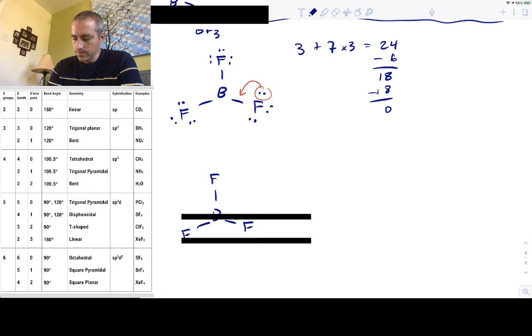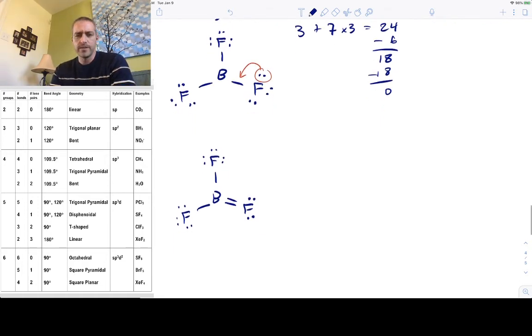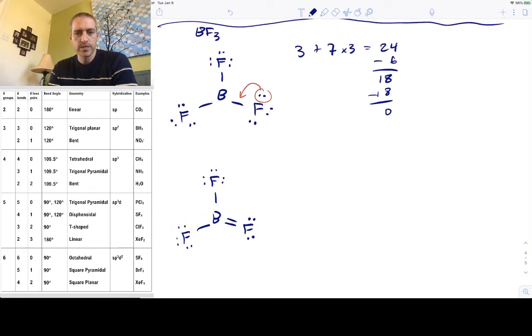Each of the fluorines still has some lone pairs around them. This guy only has 2 lone pairs because we used one to make the multiple bond. And we could have done this with any of the 3 fluorines to make resonance structures. However, we normally don't do this with boron. And I'll show you why.